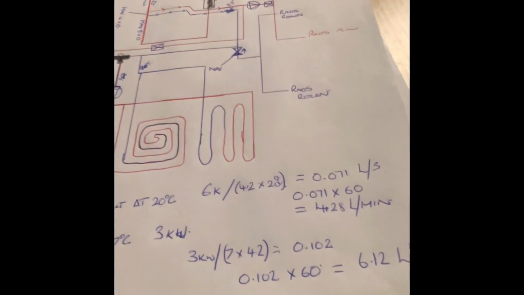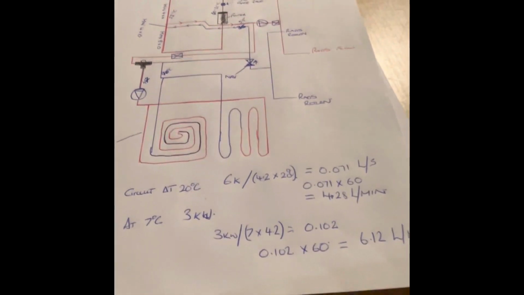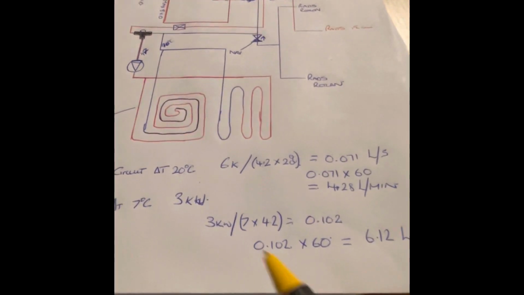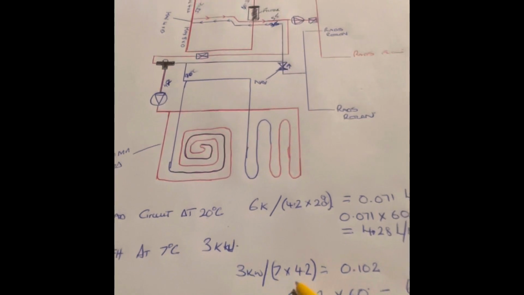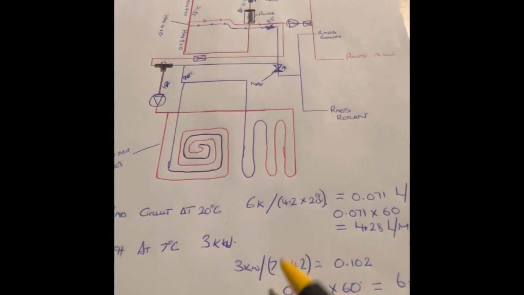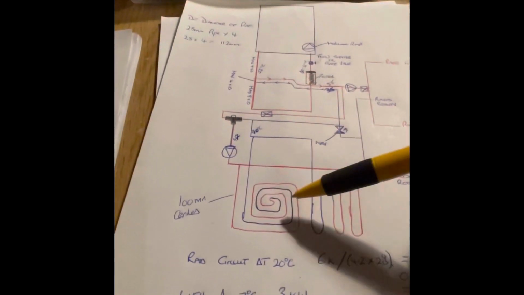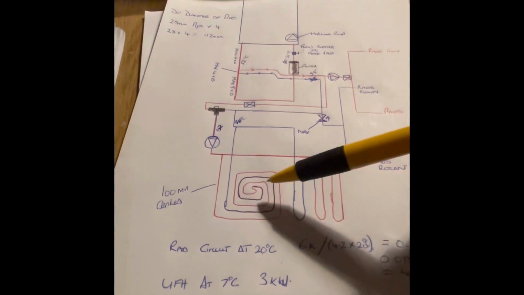If we follow the same formula for the underfloor heating, these are just for illustration. For example, a 3 kilowatt heat load on one of these circuits, with a DT of 7, because underfloor heating should run at a DT of either 5 to 7.